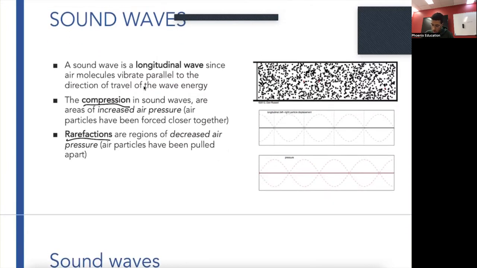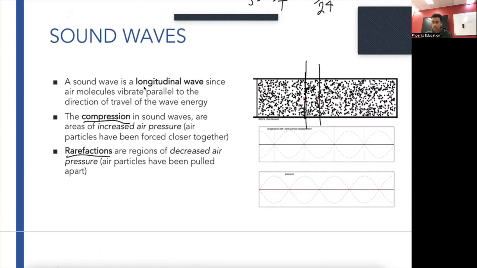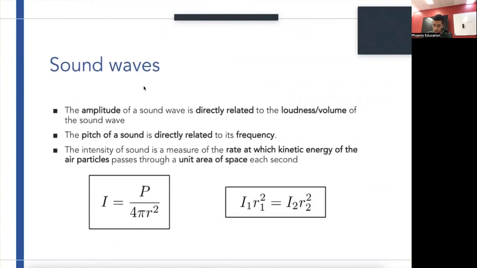The points of compression would be where the particles are gathered most, so in this region around here. And the points of rarefaction will be where the particles aren't as compressed or close together, so in this region over here. Okay.